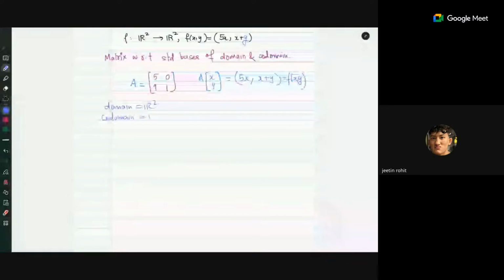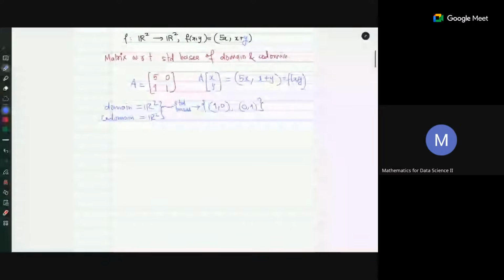What is the standard basis of R2? 1, 0 and 0, 1. So in codomain and domain, we have the same basis because I'm working with the standard basis of domain and codomain.